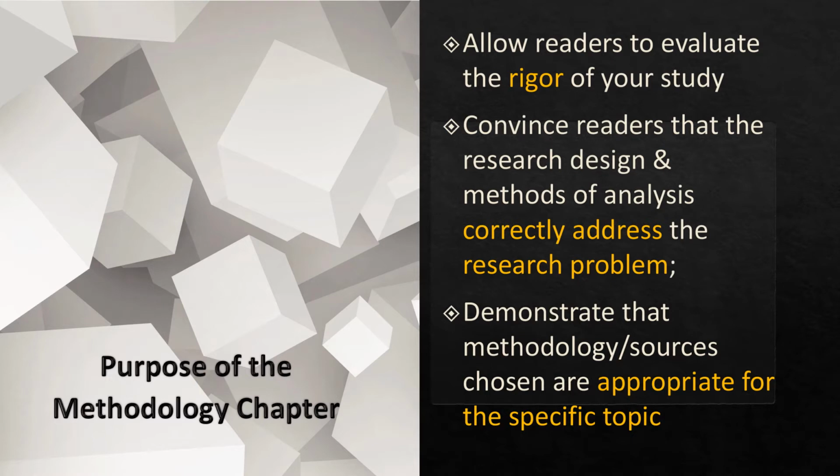This chapter is one of the most important parts of the research proposal because it allows the reader to evaluate the validity of your study, the rigor, if it's quantitative research, validity and reliability of your study. For qualitative research, it looks at the trustworthiness of your research.